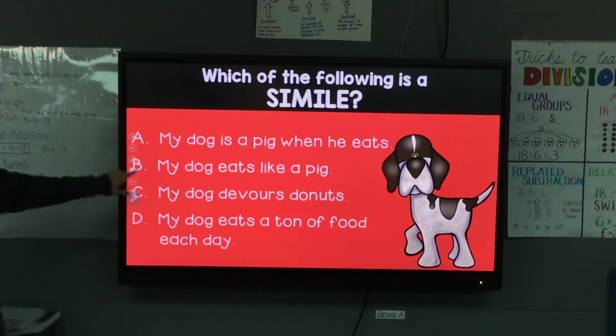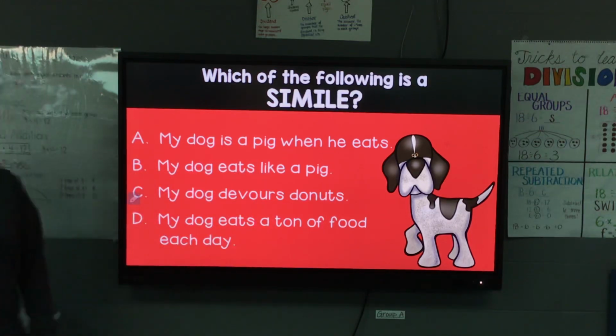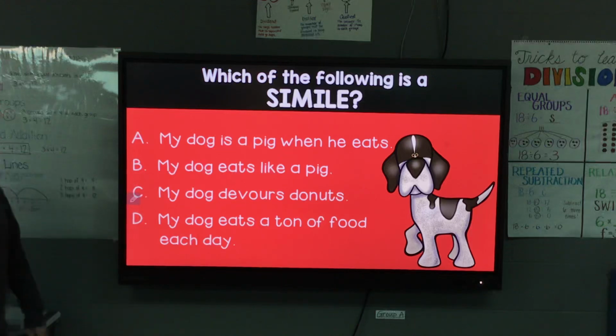All right, let's decide which one of these is the correct simile. Is it A, my dog is a pig when he eats? B, my dog eats like a pig? C, my dog devours donuts? Or D, my dog eats a ton of food each day?